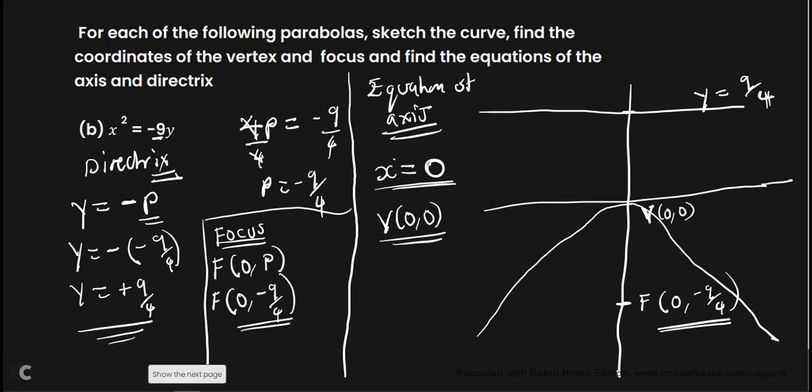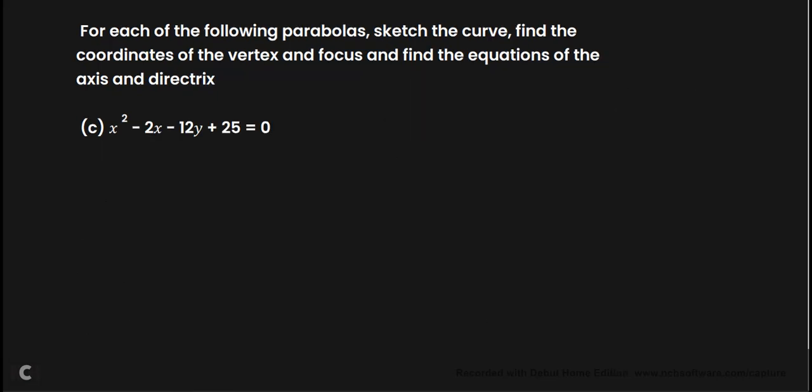Then let's go to another question. Another question is saying, for each of the following parabolas, sketch the curve, find the coordinates of the vertex and focus, and find the equation of the axis and directrix.